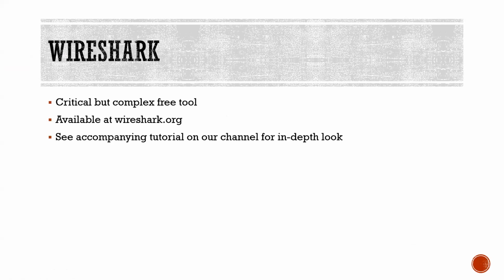Next is Wireshark, which is another of those really essential tools for anything to do with network forensics. It is a packet capture tool, and probably the place that you'll apply most of that knowledge about which IP address goes to which device from what I just showed you. It is a bit of a complex tool, so we'll be having a separate video on the channel that goes into just how to use it, but it's well worth learning.